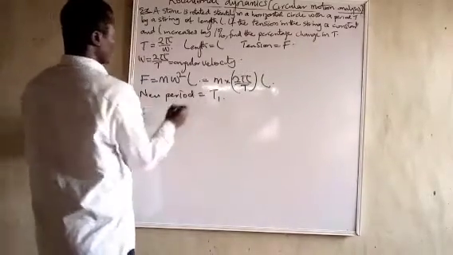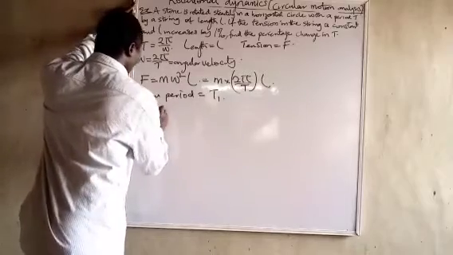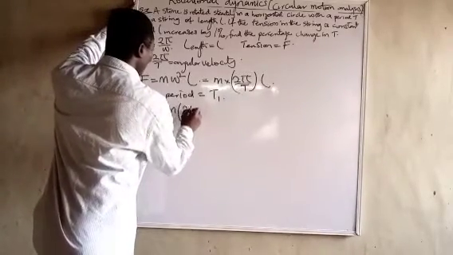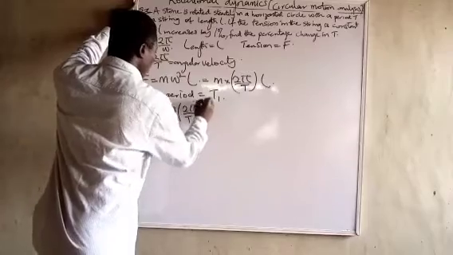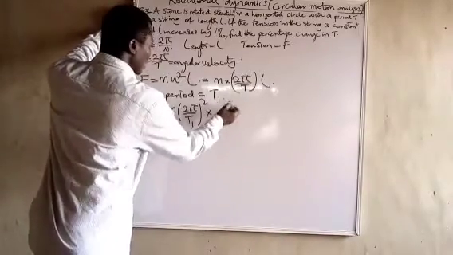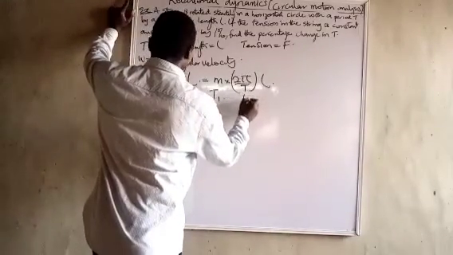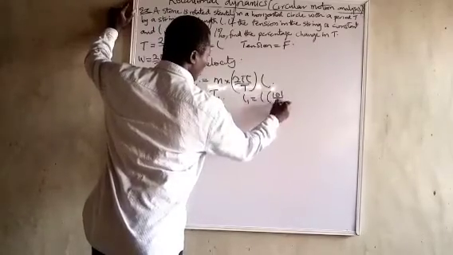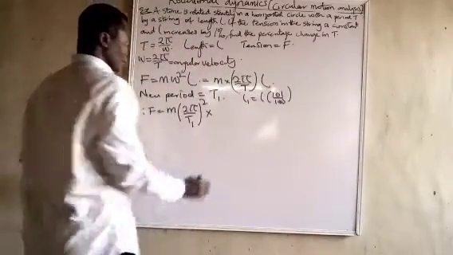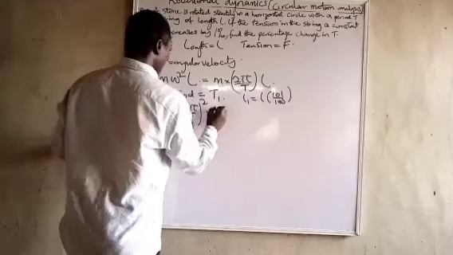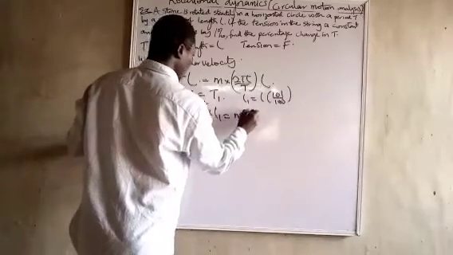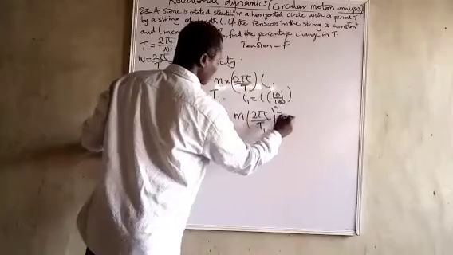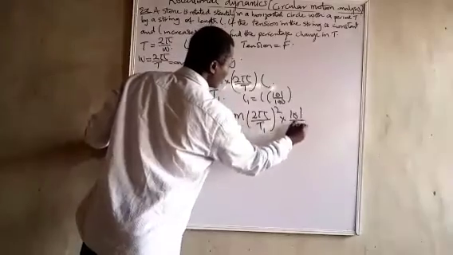Therefore, F is also equal to m times (2π over T1) squared times the new L. And we are told the new L, L1, is equal to L times 101 over 100, since it is increased by 1%. So F equals m (2π over T1) squared times 101 over 100 L.